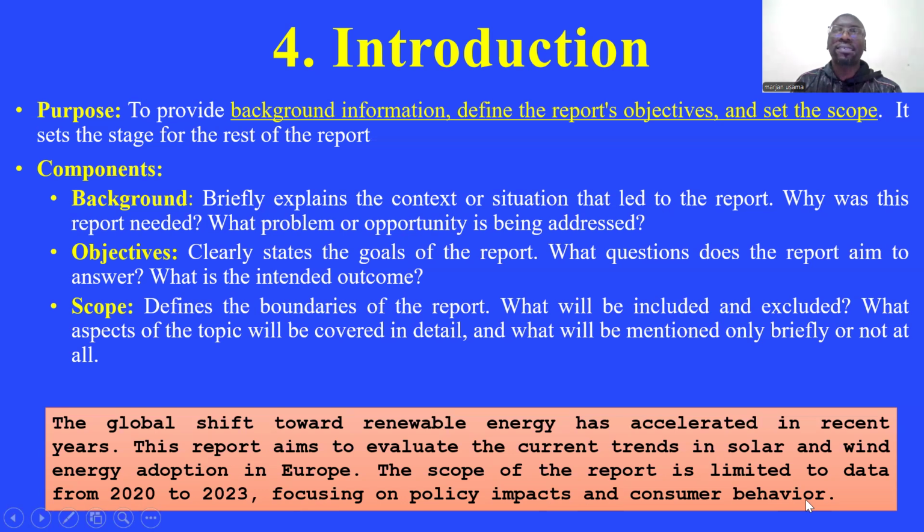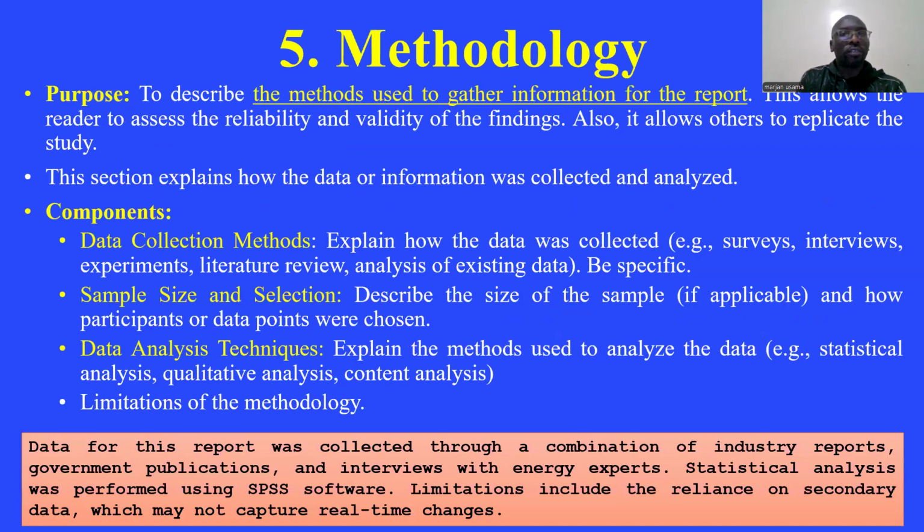This is the context scope. So when you're writing your report or research, it's very important to indicate the time scope. But many students, when they're writing the research, don't indicate the time scope. That is, you are going to write, this research is from January to March. We have to know the time scope of your research.